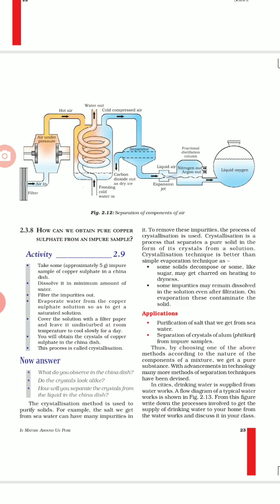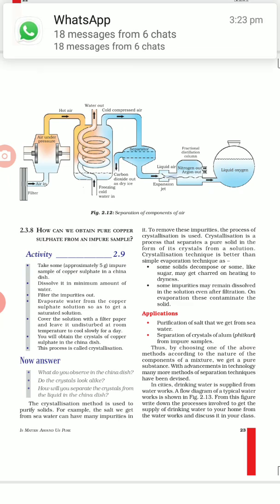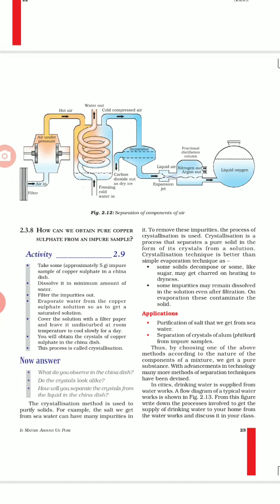Now see the second one, separation of crystals of alum. What is alum? It is Fitkari, from impure samples. What are these impure samples? You get many samples in which crystals of alum are present.